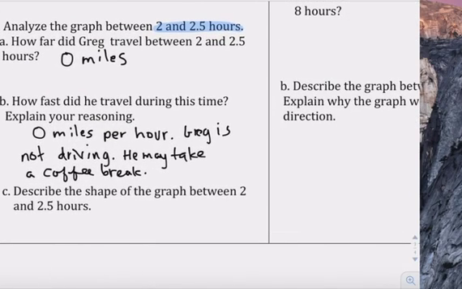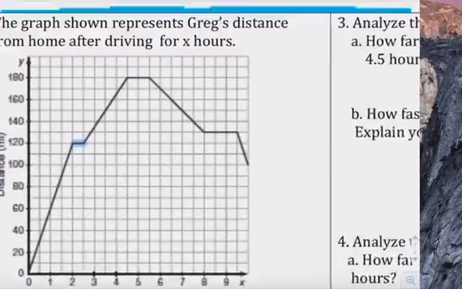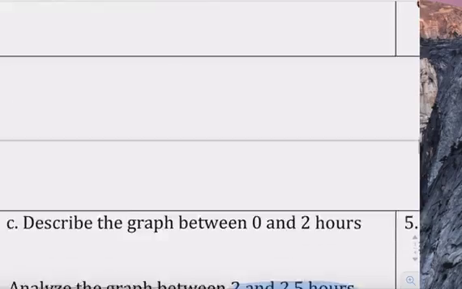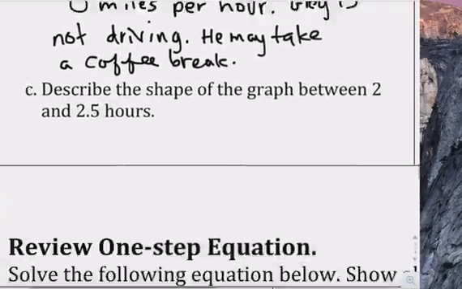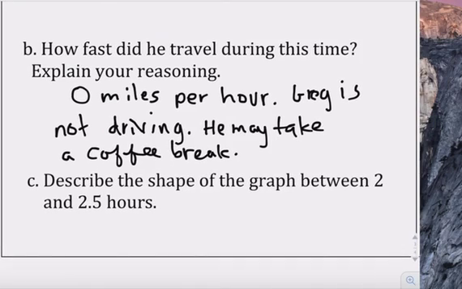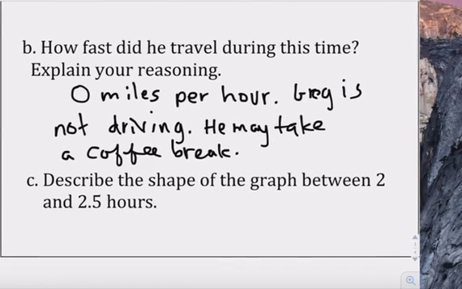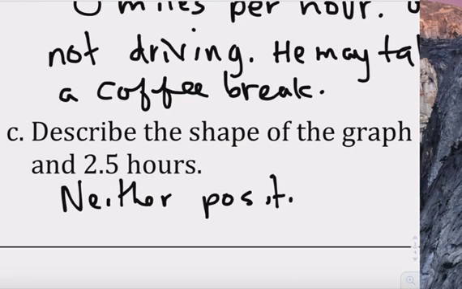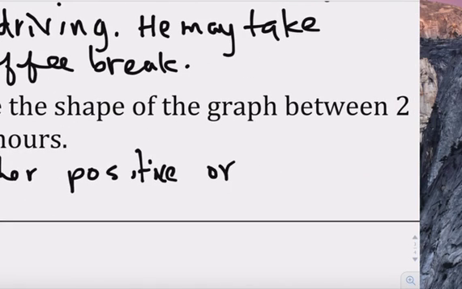Describe the shape of the graph between 2 and 2.5. That's called a horizontal line. So it is neither positive nor negative. It's linear.